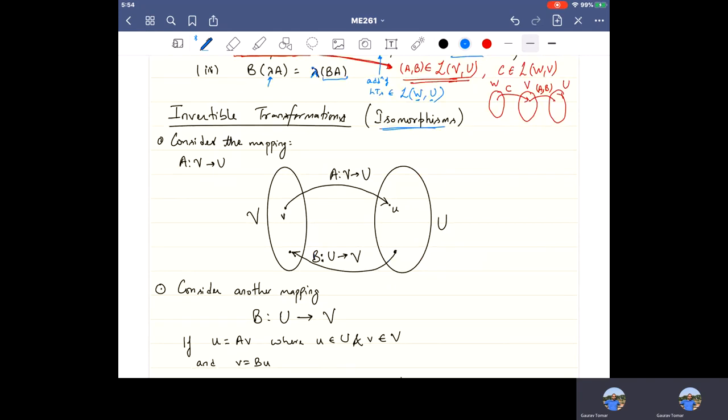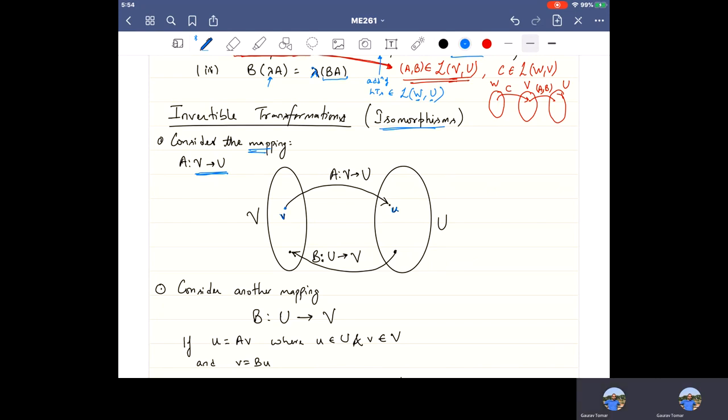Okay. Now let's consider a mapping. This mapping is from vector space V to vector space U. Now what you're doing is you're taking a vector V and mapping it to U, right?